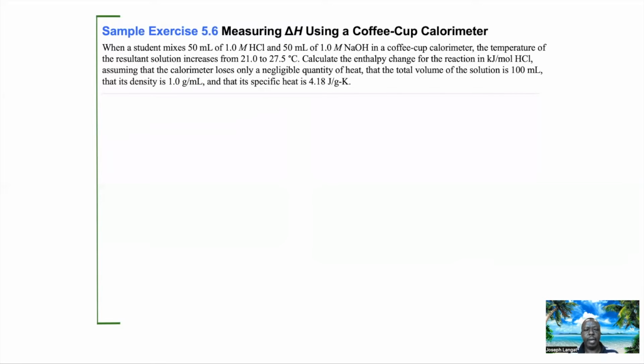All right, let's see. When a student mixes 50 ml of 1.0 molar HCl with 50 ml of 1 molar sodium hydroxide in a coffee cup calorimeter, the temperature of the resultant solution increases from 21.0 to 27.5. Let's stop here.